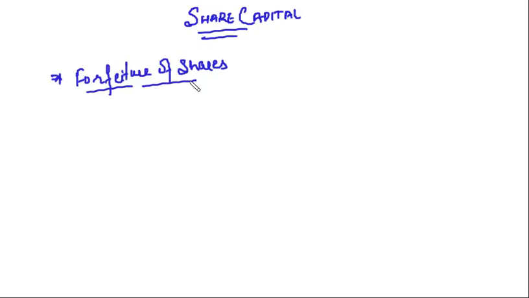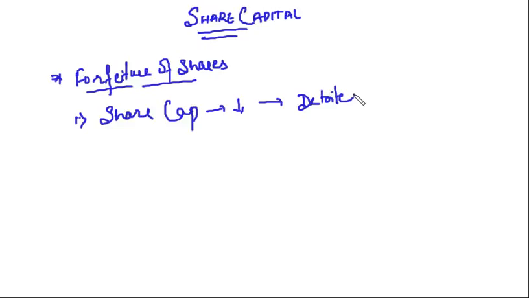Those are the thumb rules. So what was the first effect? Share capital will reduce. If it is reducing, it will be debited. This is what we discussed. And what is the amount that will be debited?